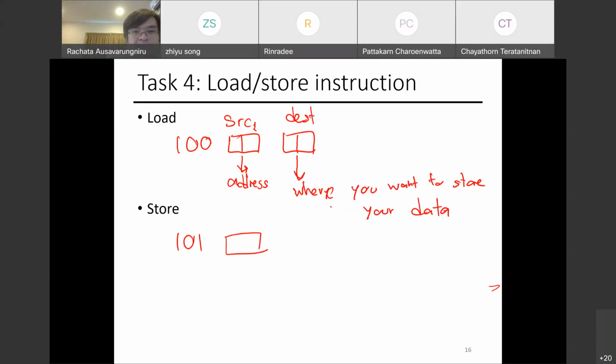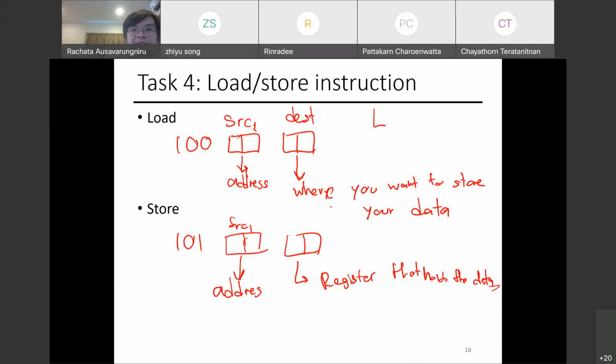The store is the same. This is the address where you want to store. And then this is the register that holds the data.